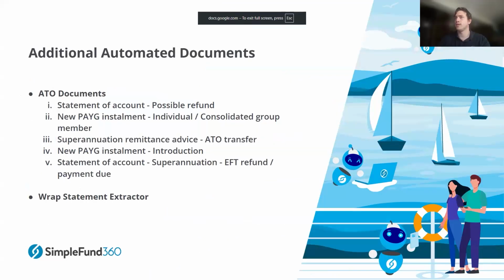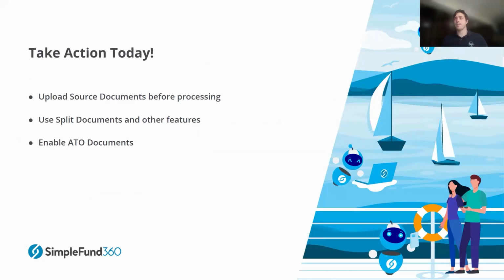Okay, slideshow. All right, so three things to think about from this webinar when you're going to put it into practice. So if you can, upload your source documents before processing. That way you can use smart matching to attach your transactions to documents, and then it will automatically flow through to your work papers. It will save you a whole heap of time.